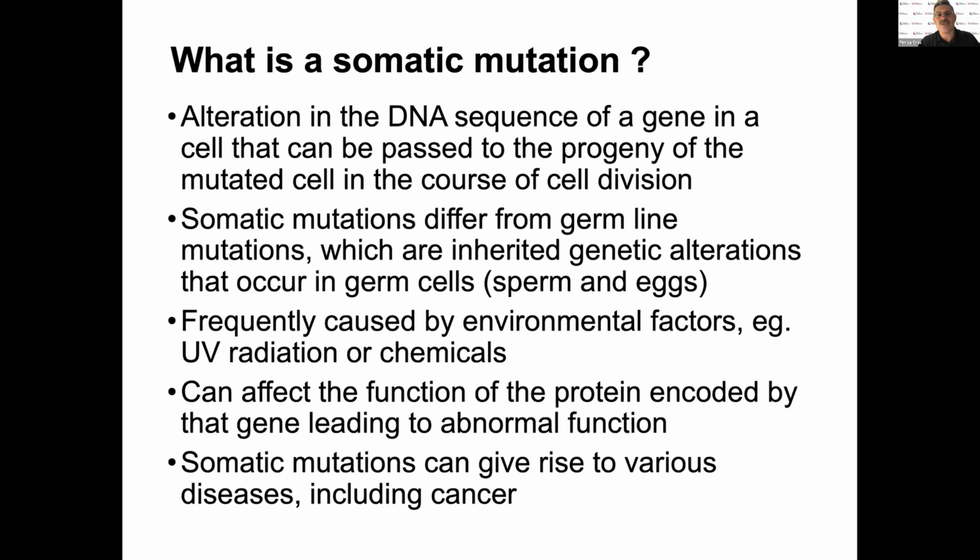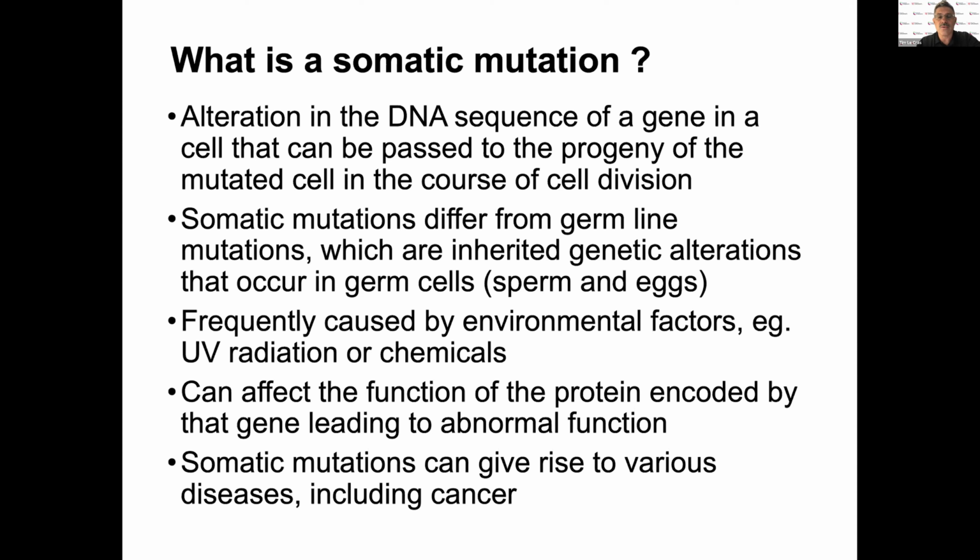But somatic mutations are different from germline mutations, with germline mutations being inherited genetic mutations in either the sperm or egg that can be passed from parent to child, whereas the somatic mutations, that's not the case.